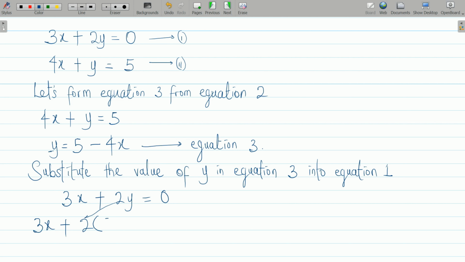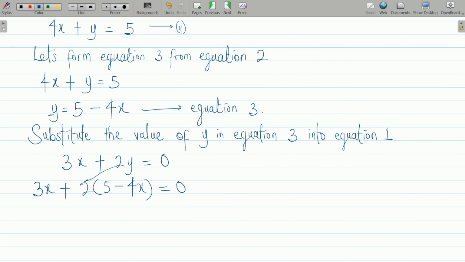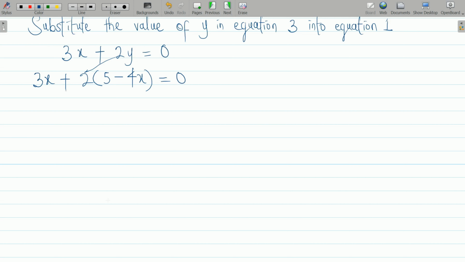Then I will represent y with 5 minus 4x. 2 times 5 is 10. 2 times minus 4x is minus 8x.